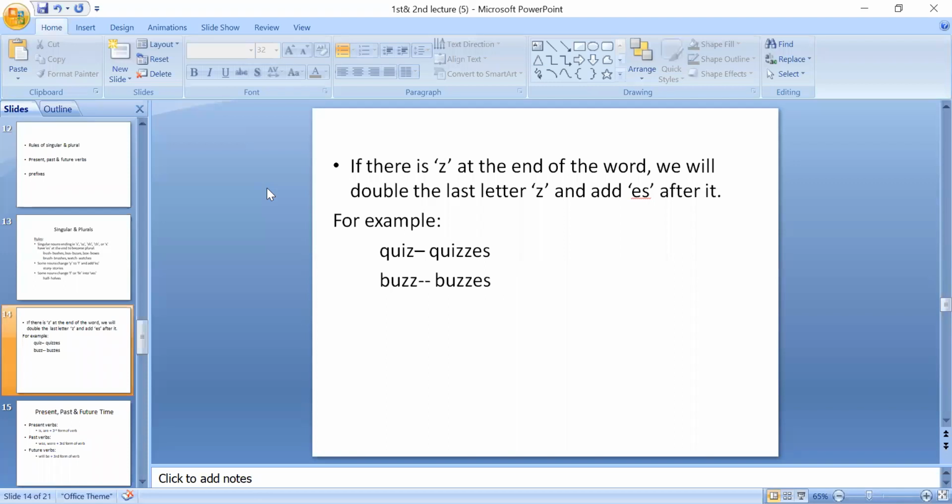So it will be quizzes, and in quizzes there will be double z and then we'll add es. Second word buzz. There is already double z. So we'll just add es. There is no need to double the last letter because it is already doubled. Buzz, buzzes. So these are a few rules, and after that you will be doing exercise of singular and plurals.